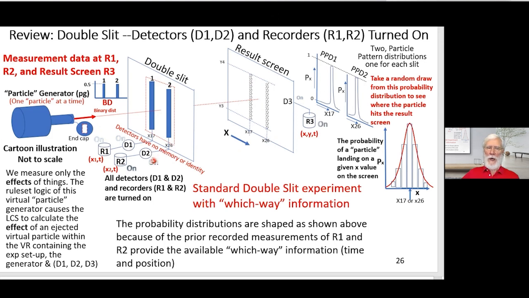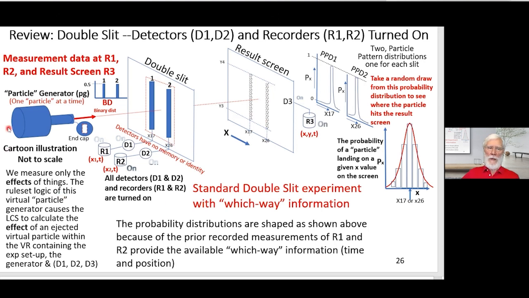Now, because we are collecting which way data here, because we have D1 and D2 turned on and R1 and R2 turned on, so we're detecting and recording which way data, then, as I said earlier, the particles will just pile up behind each slit. So here's a pile of particles that have gone through slit 2. Here's a pile of particles that have gone through slit 1.